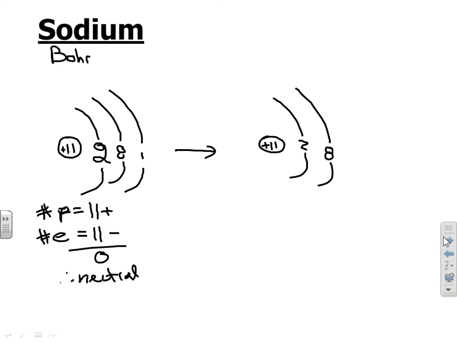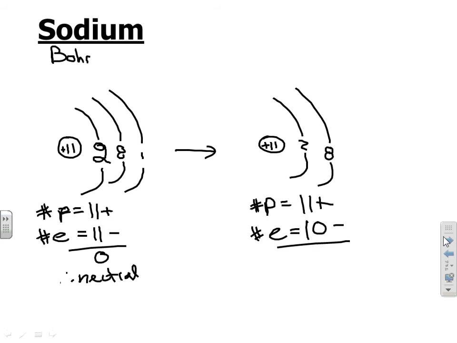That's a sodium atom. Let's take a look at this situation after it's lost an electron. Number of protons: still 11, so 11 positive. Number of electrons: 10, so 10 negative. 11 positive plus 10 negative, or 11 positive minus 10.